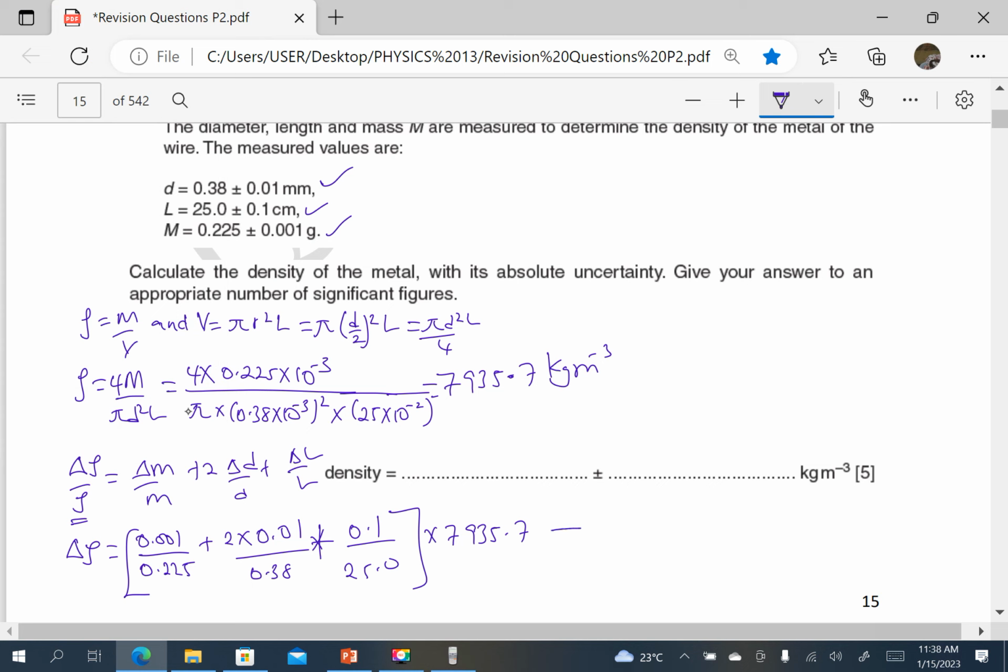So this is giving me 484.7. And to one significant figure, this is 500, ending with two zeros. It means I will modify my value of density to be a whole number ending with two zeros. So that will be 7,900.